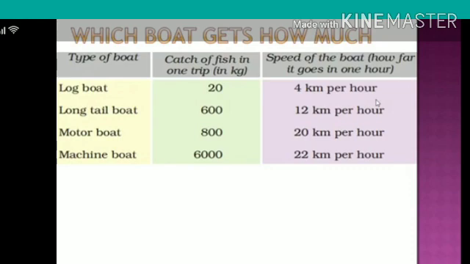Per hour means in 1 hour. So this is the detail of 4 types of boats in this tabular column. Okay, so reading and understanding this information, we want to do the problems asked in the question. So all of you understood this question very well?